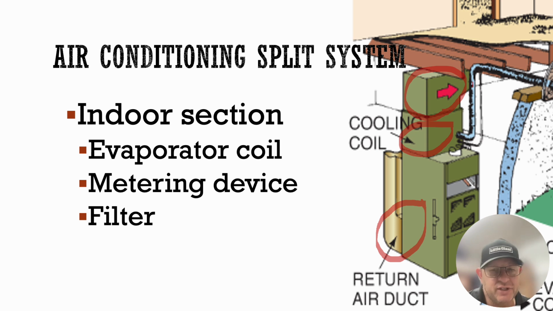Like I said, the indoor section for the refrigeration cycle is going to end up with the evaporator coil, the metering device basically slapped right onto that evaporator coil, a filter of some sort, a return air, a supply air, and then an air handler or an air moving device of some sort, such as a furnace or, like I spoke before, an air handler.